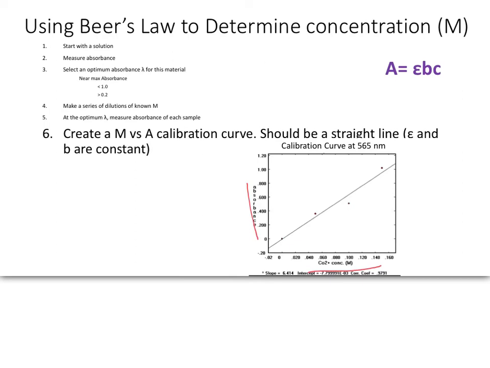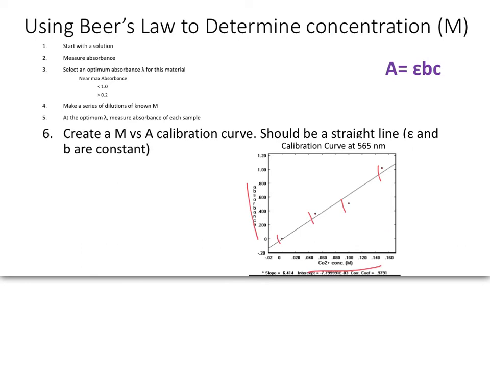We call it a calibration curve because we're setting up a curve that has different concentrations of the sample that we're interested in, showing different absorbances, and we're going to use that to help us figure out how much is in our sample of our unknown.